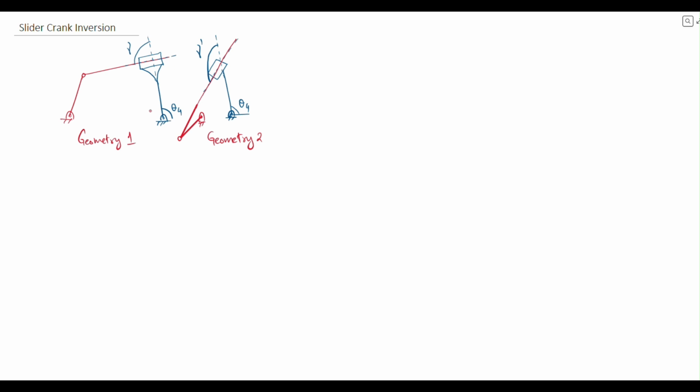And we studied the position analysis of this, and we said if we look at the angle theta 3, it is over here like this, and we said theta 3 is equal to gamma plus theta 4, and that gave us a relationship which was required to solve the equations for the unknowns.